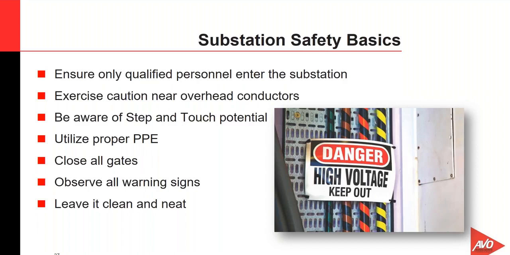We've got a lot of overhead solid bus bars within a substation. Sometimes those solid bus bars could have a protective cover over them because of birds and whatnot with their wingspan and so forth. You may see that sometimes, but we want to make sure we keep good situational awareness inside of the substation. Make sure we don't come in contact with any of those conductors.